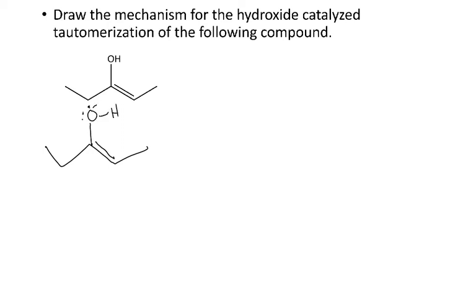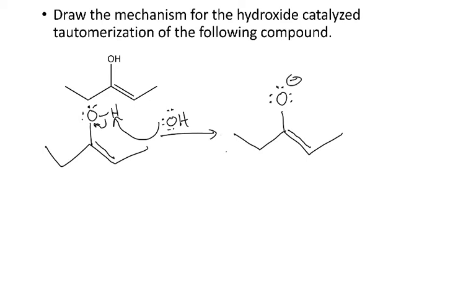so I have my enol, and we'll get a proton transfer step with the hydroxide. So it's going to steal the proton. Those electrons will go to the oxygen. All right, and then we can convert this to a different resonance form.